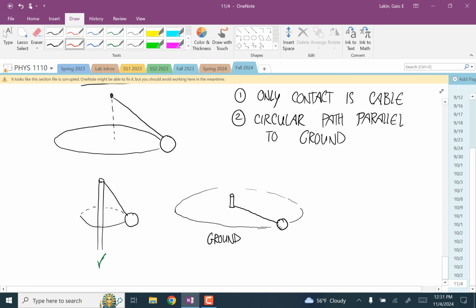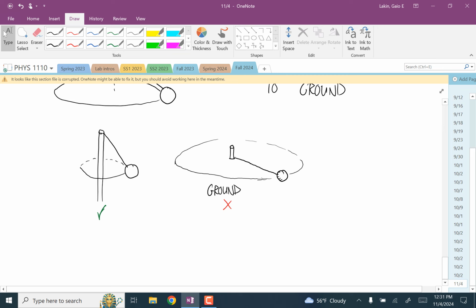This one is not a tetherball problem because the only contact isn't the string. There's contact with the cable, but there's also contact with the ground.